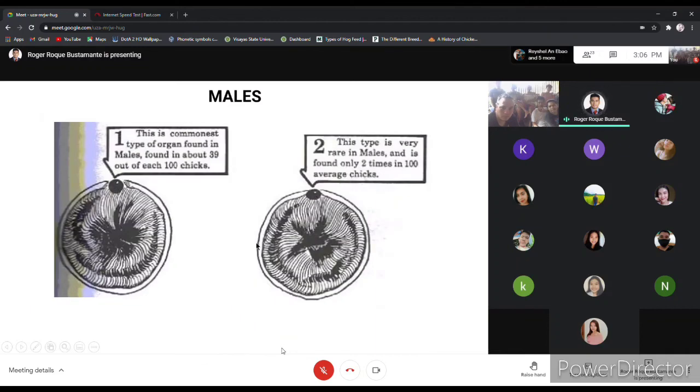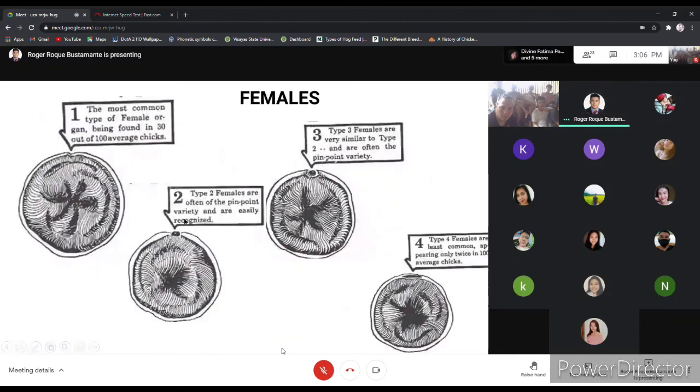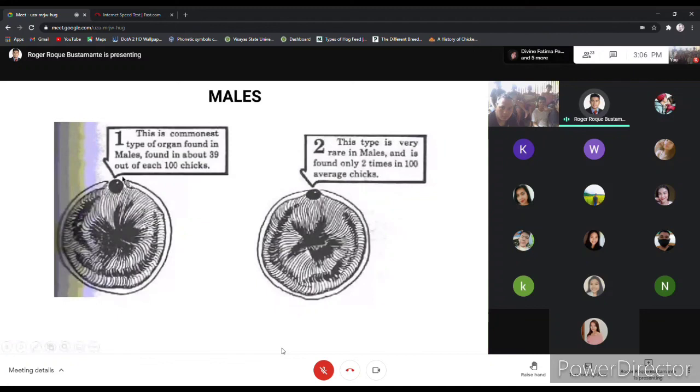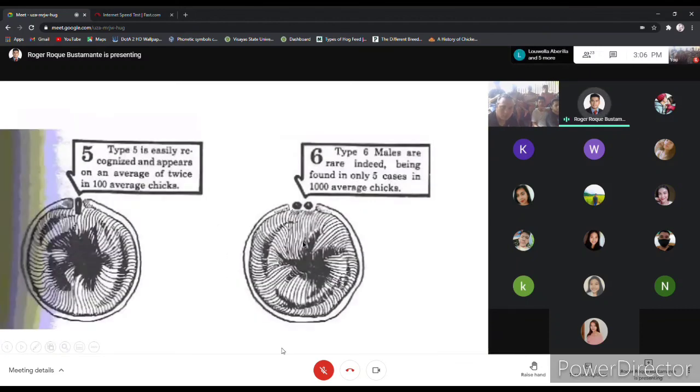So you have to familiarize yourself with these types of organs in day-old chicks if you are going to do vent sexing. Type 5 is easily recognized and appears on average twice in 100 chicks. Type 6 males are rare indeed, being found in only 5 cases in 1,000 average chicks.